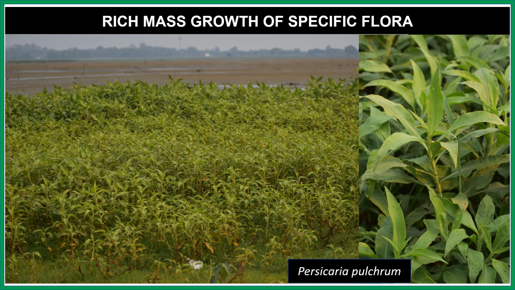This is Persicaria pulchra, which grows in mass in almost all wetland places, especially when there is a lake or water body associated with it.